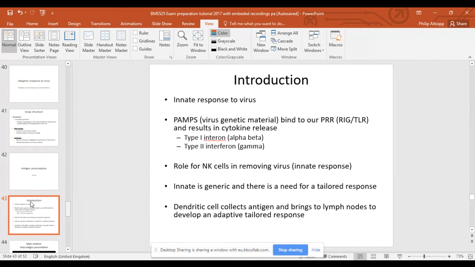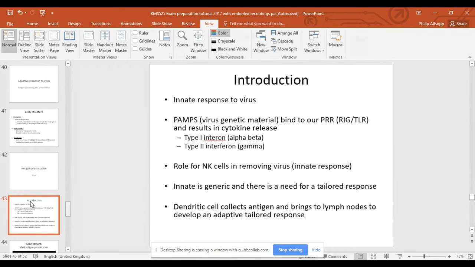What happened then was the viral components that bound to the PAMPs caused cytokine release, including type 1 interferon and type 2 interferon. You could discuss how interferons contribute to antiviral activity, for instance, decreasing gene expression in surrounding cells and inducing cell death of infected cells.